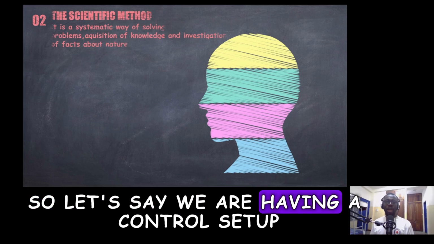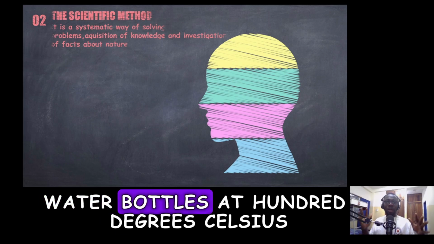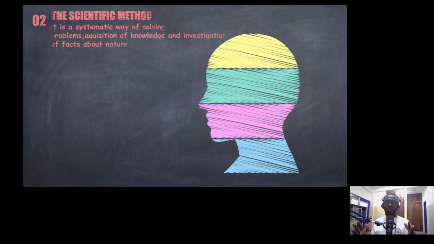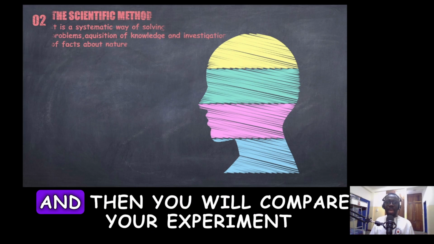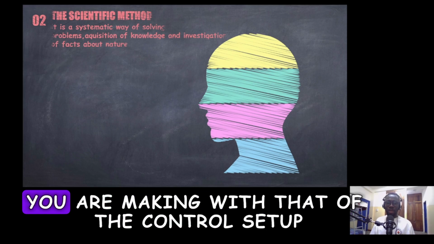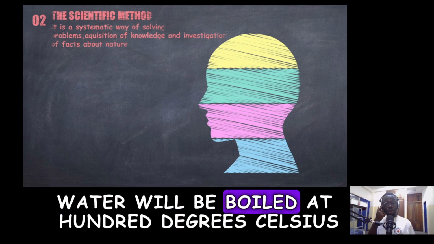So let's say we have a control setup, like water boils at 100 degrees Celsius. Therefore, you have to make an experiment, and then you compare the experiment you are making with the control setup to see if indeed water will boil at 100 degrees Celsius.